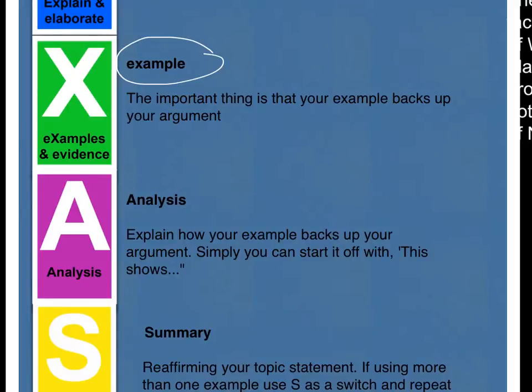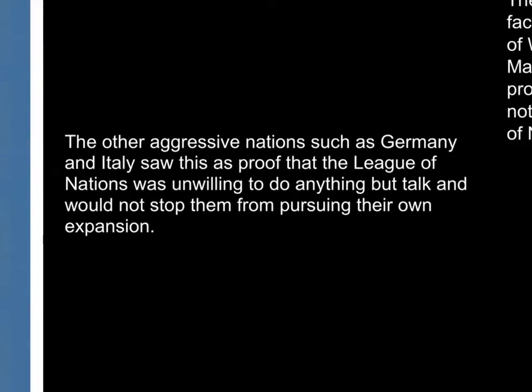So I'm going to come back to my paragraph and add my example into my paragraph so you can see how it works. So my example that's going to go into my paragraph is the other aggressive nations, such as Germany and Italy, saw this as proof that the League of Nations was unwilling to do anything but talk and would not stop them from pursuing their own expansion tactics.